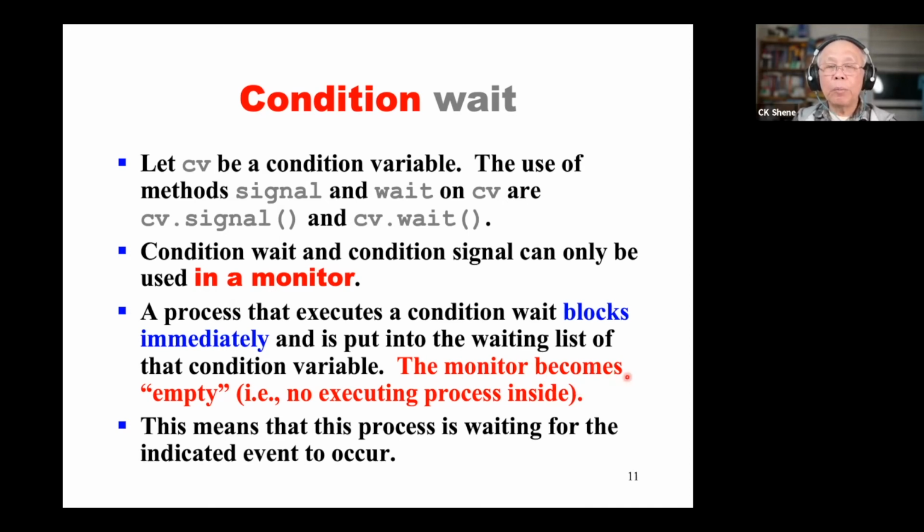When a process executing in a monitor executes a condition wait, that process blocks immediately. No question asked. You call wait, you are blocked. So this blocked process will be put into the waiting list of that condition variable. Remember, a condition variable has no value, but it has a private waiting list.